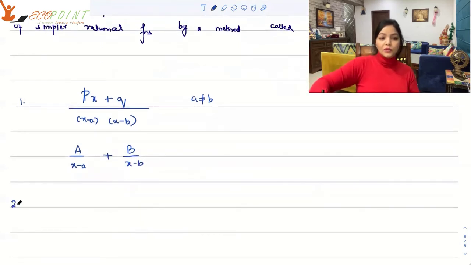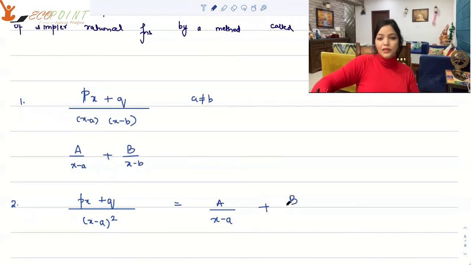Similarly, suppose you have a case where (px + q) upon (x minus a) whole square. Then that could be written as A upon (x minus a) plus B upon (x minus a) whole square.